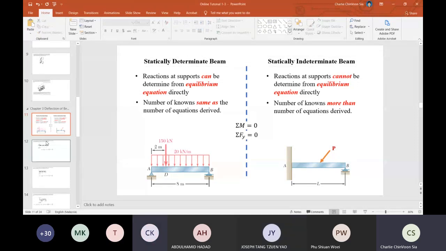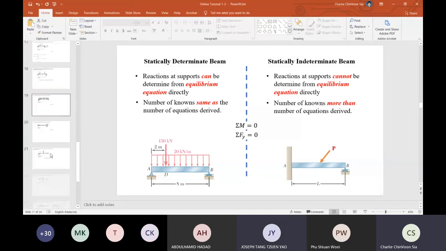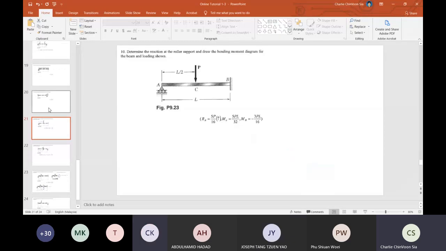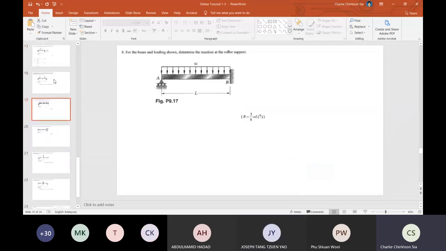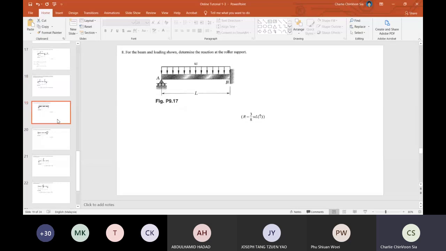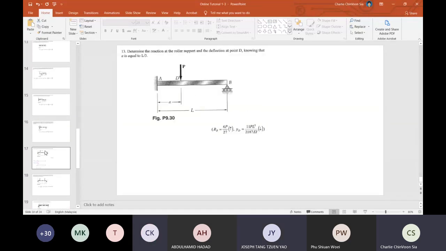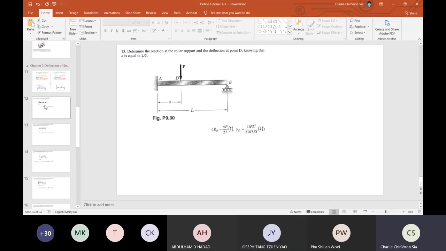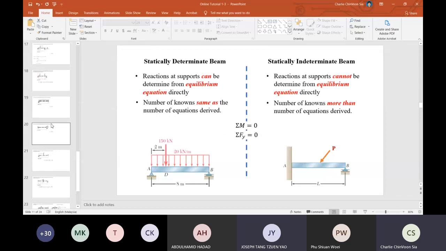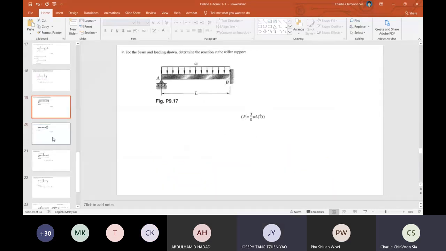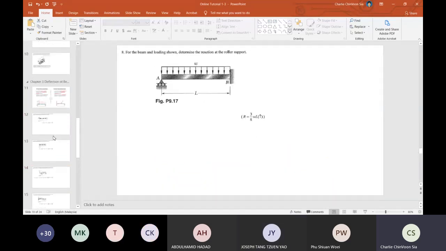Because for the tutorial questions, starting from question number 8 and onwards, the questions are considered statically indeterminate beam questions.